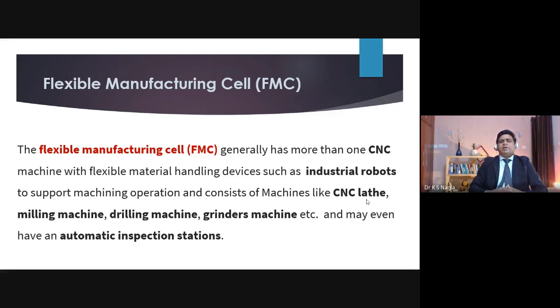A flexible manufacturing cell, also termed FMC, generally has more than one computer numerical controlled machine, CNC machine, with flexible material handling devices such as industrial robots to support machine operations, and consists of machines like the CNC lathe, milling machine, drilling machine, grinding machine, etc. And it may even have an automatic inspection station.